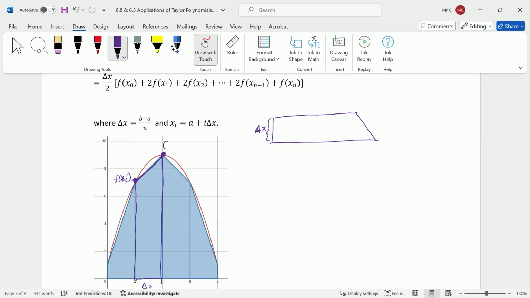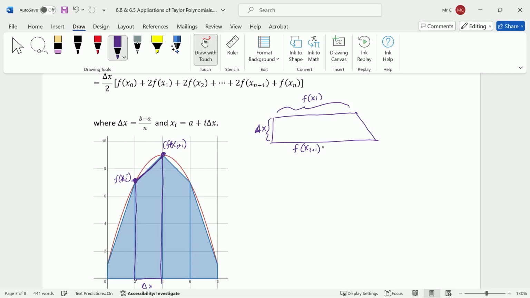And then the second one is f of x sub i plus 1. And so that means that this base has length f of xi, and this one has f of xi plus 1.